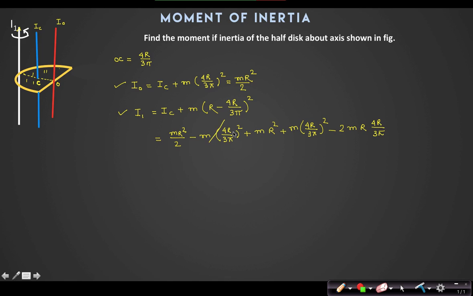You can cancel these two terms. So this formula will become 3 by 2 mr square minus 8 mr square by 3 pi.